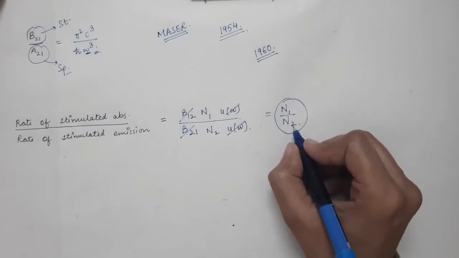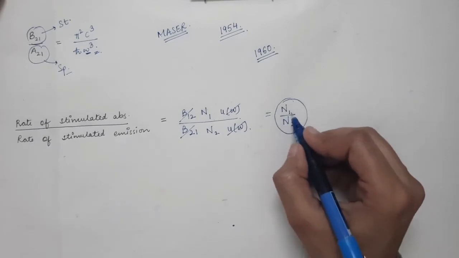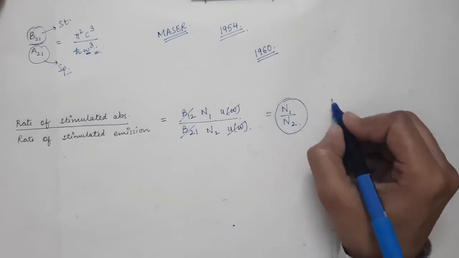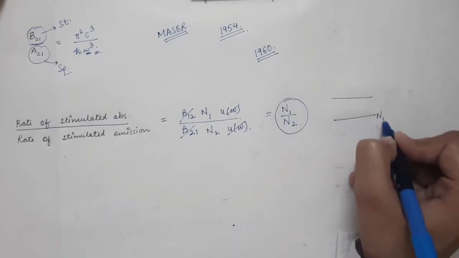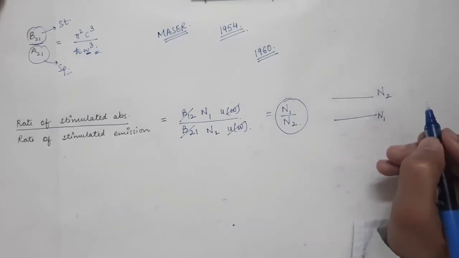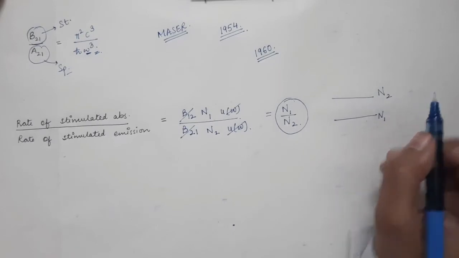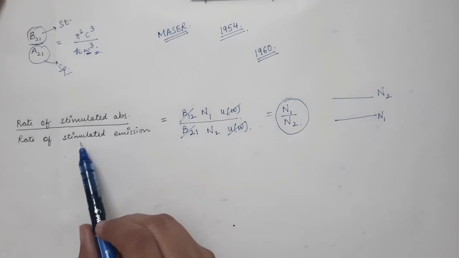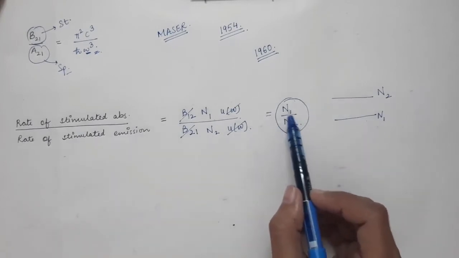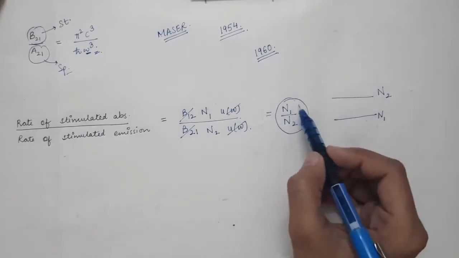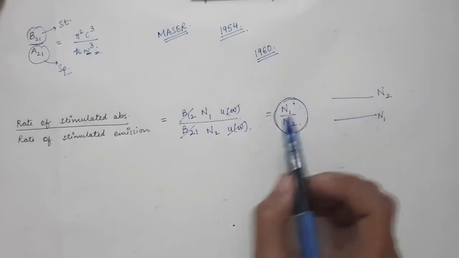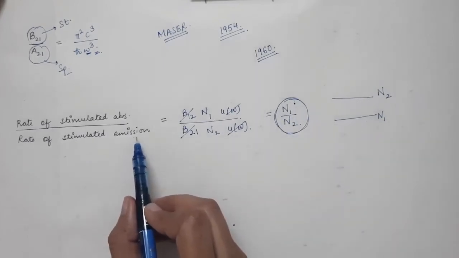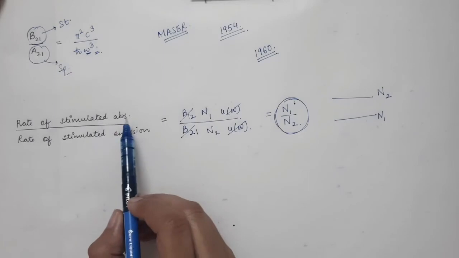N2 is the number of atoms in the excited state and N1 is the number of atoms in the lower state. So in this ratio of stimulated absorption to stimulated emission, we have N1 by N2, and we want this ratio to be least for stimulated emission to dominate over stimulated absorption.